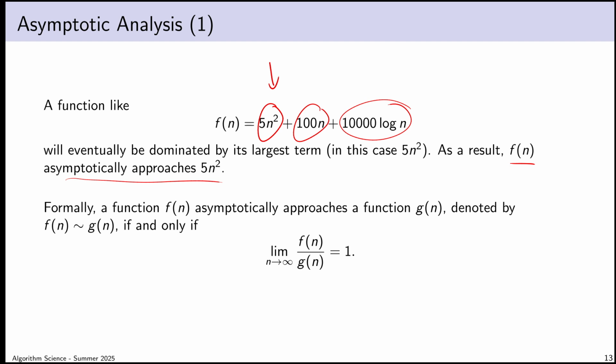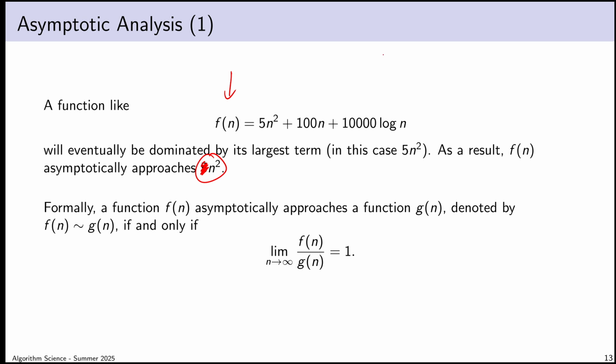And I've got a few ways of justifying this, but one of them is that if I talk about this function f and the fact that it asymptotically approaches 5n squared, didn't I say at the beginning that the goal today was to find some way of getting rid of constants? Don't I just want to talk about n squared? I don't want to worry about the difference between 5n squared and 4n squared, unless, of course, there's a tie.